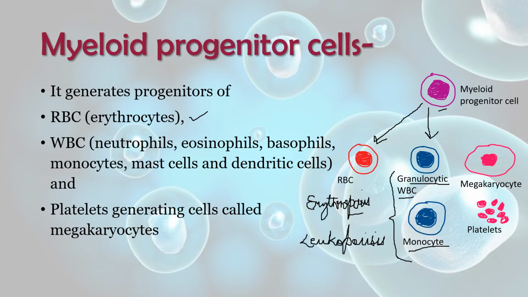Okay, and also myeloid progenitor cells can be differentiated into megakaryocytes, which ultimately leads to the formation of platelets. This process is known as megakaryopoiesis.